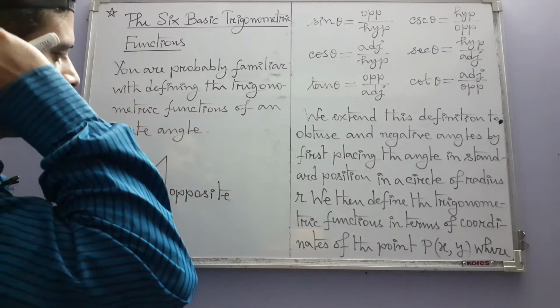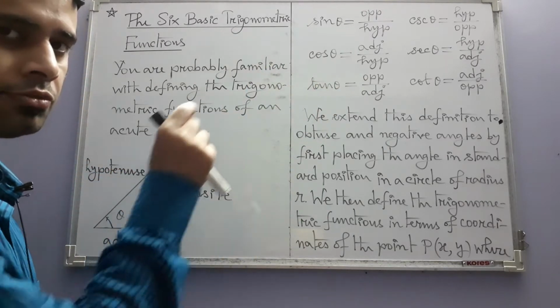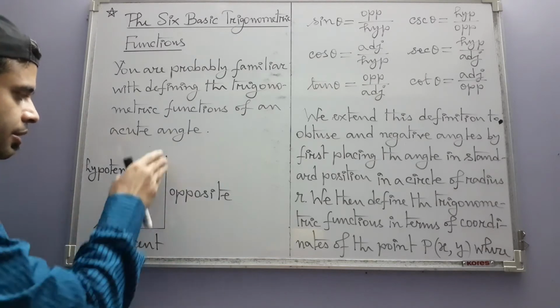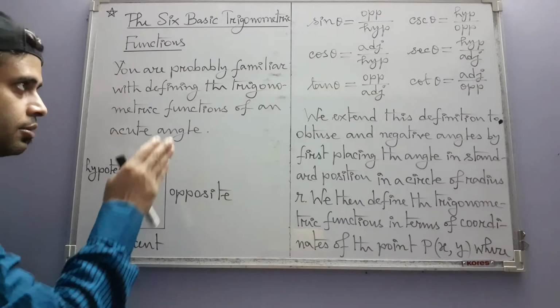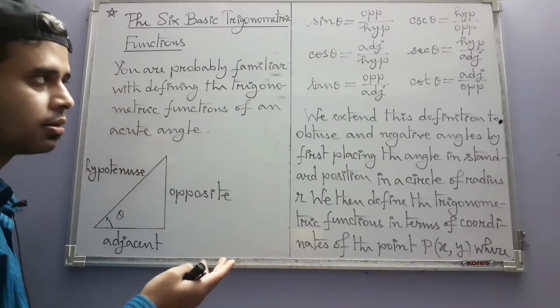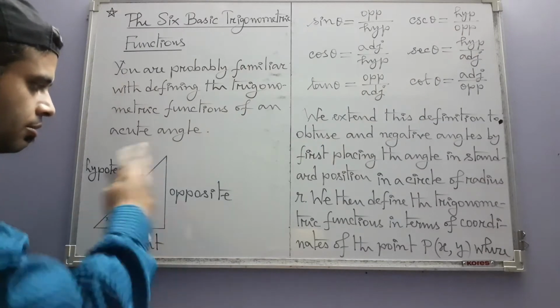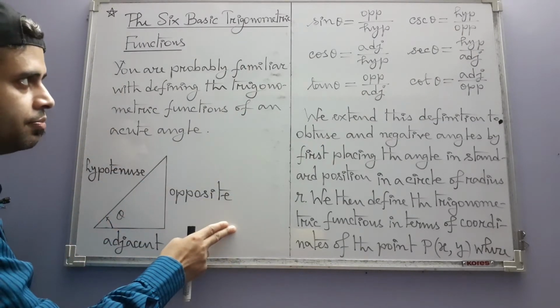Now we know that these basic 6 trigonometric functions have these definitions. Sine theta is opposite divided by hypotenuse, and its reciprocal, cosecant theta, is hypotenuse divided by opposite.